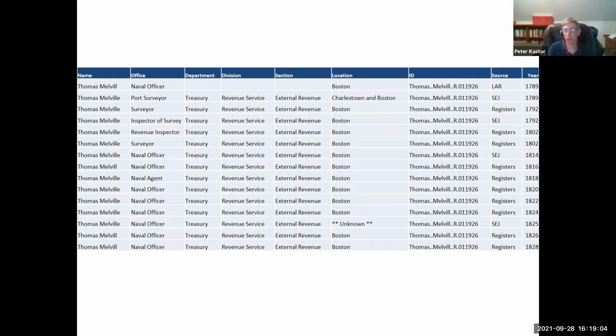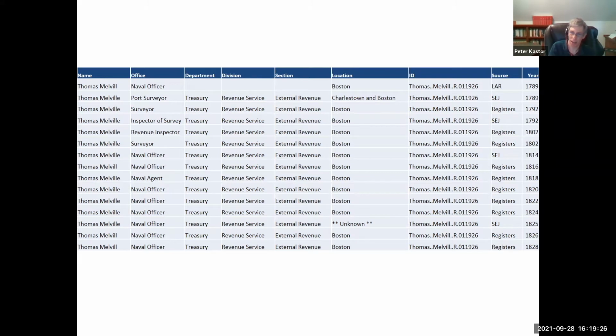He shows up, if you look in the column on the far right, it has the year of a record for him, the source that it came from. We've got letters of application and recommendation, LAR, SEJ, the Senate Executive Journal, and the registers. And if you look at the jobs he's got, you can say this is almost certainly the same guy.